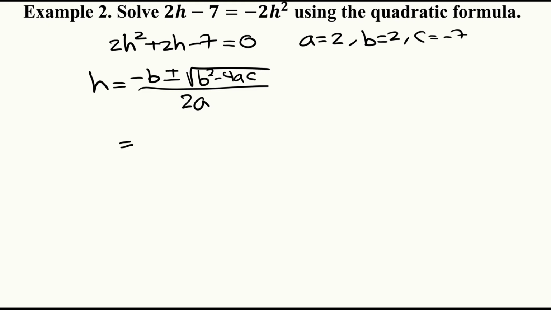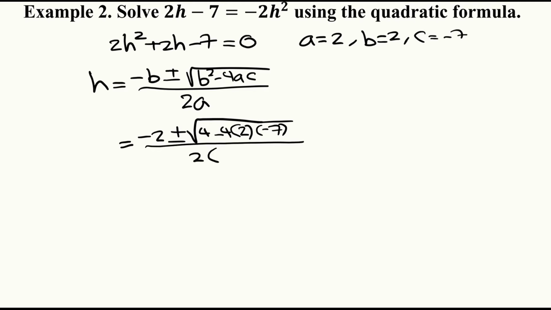So we get negative b, so negative 2 plus or minus square root of b squared, which is 4, minus 4 times a, which is 2, times negative 7, which is c. All of that over 2 times, this time 2a.